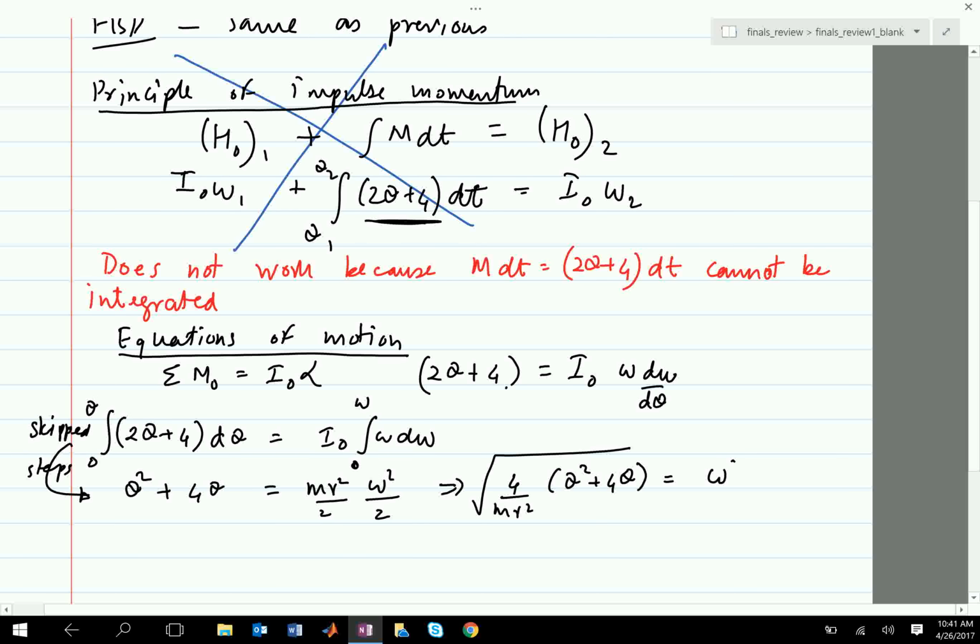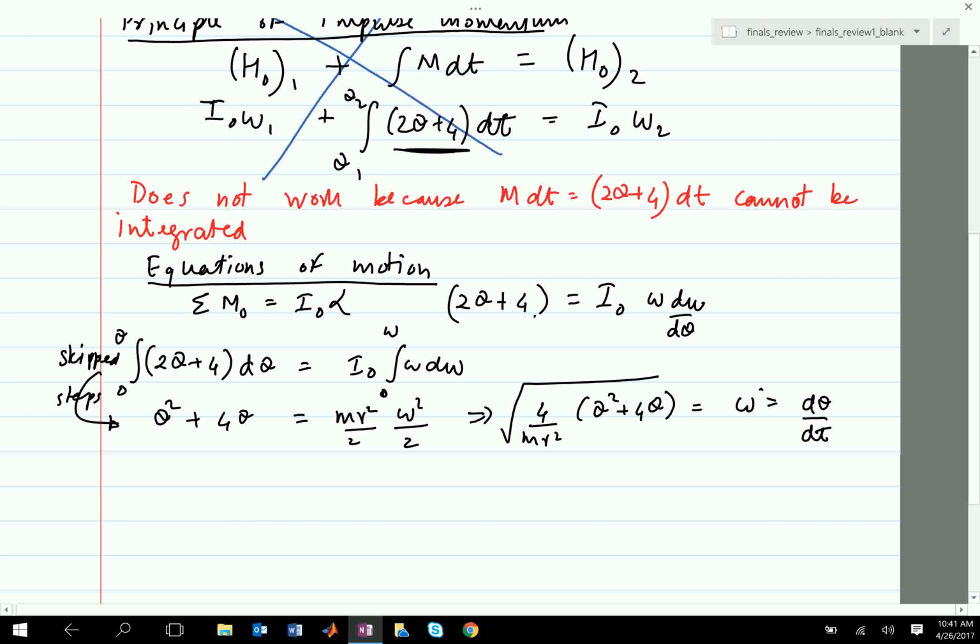So I wrote omega as a function of theta, with the hope that now I can do omega is d theta dt, and then integrate this expression to get theta as a function of time. So this comes out to be, I'm going to move this dt on the other side, d theta down.